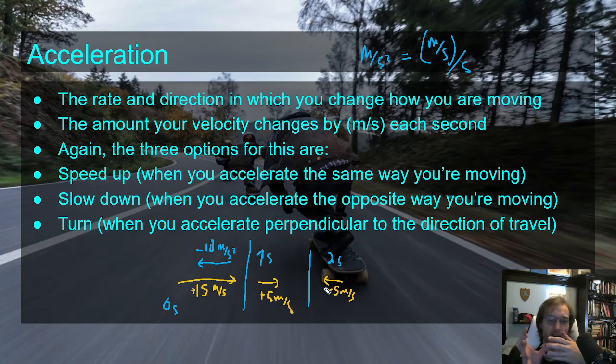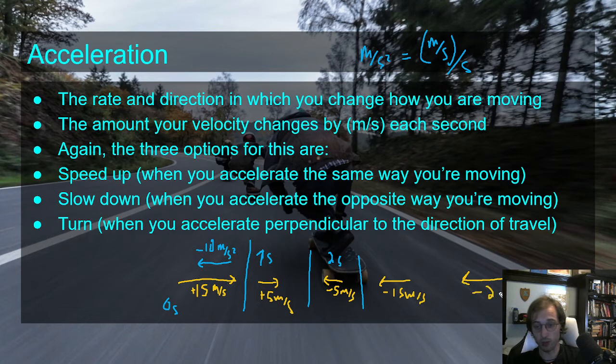So when I take that 5 and I try to take away 10 from it, it brings it into the negative. So now it's actually wound up turning around. And if I wait till the 3rd second, it'll be going negative 15 meters per second. And if I wait till the 4th second, it'll be going negative 25 meters per second.